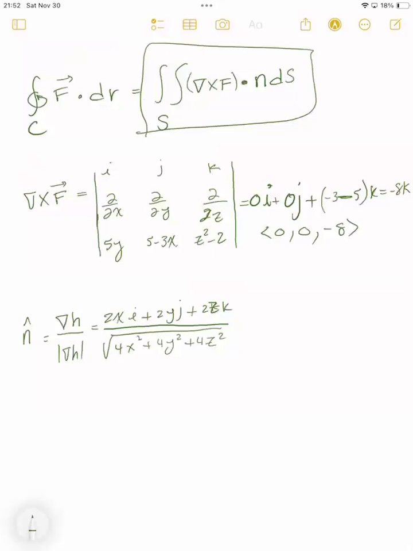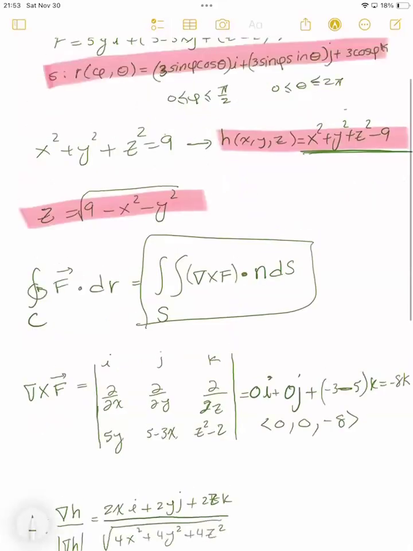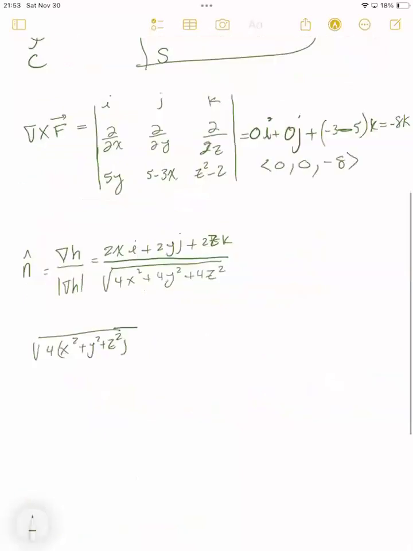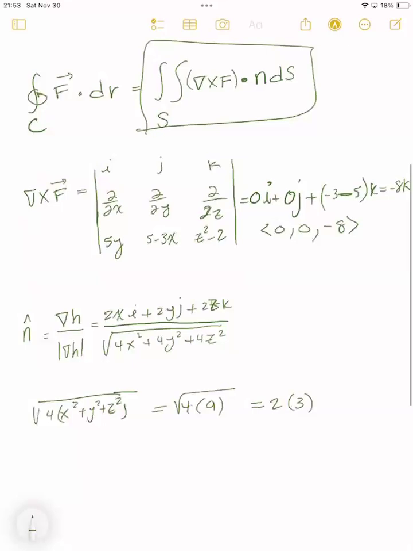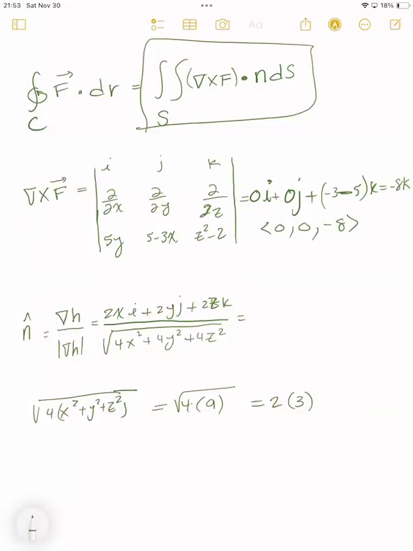I just want to go over the algebra here. If I have this, I can factor the 4 out. And also we know that x squared plus y squared plus z squared is 9. So I can just replace that and write it as 4 times 9. So the square root of 4 is 2, the square root of 9 is 3, so we get 2 times 3. I'm going to leave it as 2 times 3 rather than 6. So I have 2x, I'm going to use this format now, over 2 times 3, comma.